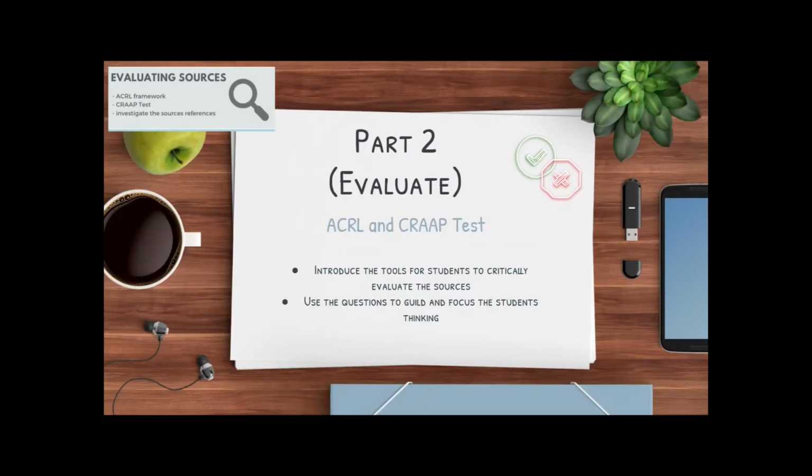In Part 2, which can be presented in a second lesson, you'll want to focus on how your students can evaluate their sources. Students can evaluate sources by utilizing tools such as the ACRL Framework Guiding Principles, Bucknell University 2015, and the CRAAP test, Benedictine University 2022.